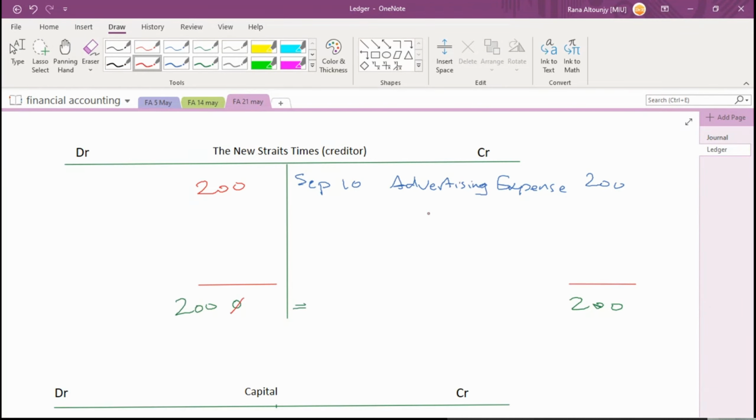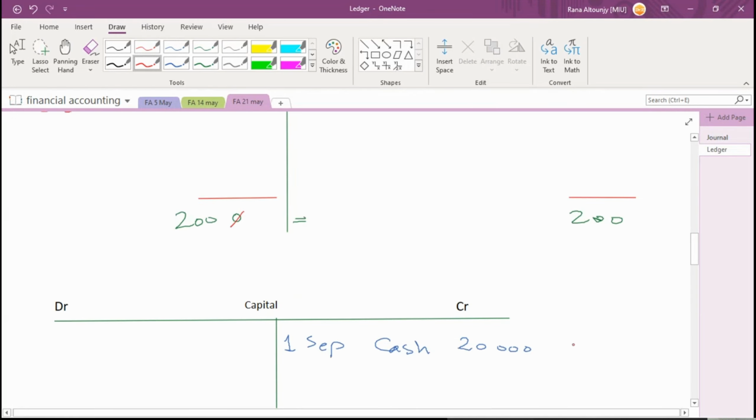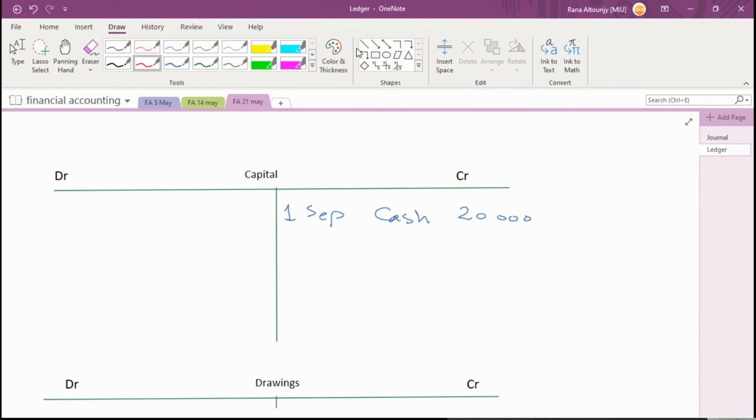And this one we call balance, and actually it is a credit balance. Sorry, just let me make my handwriting better. So this one is a credit balance.